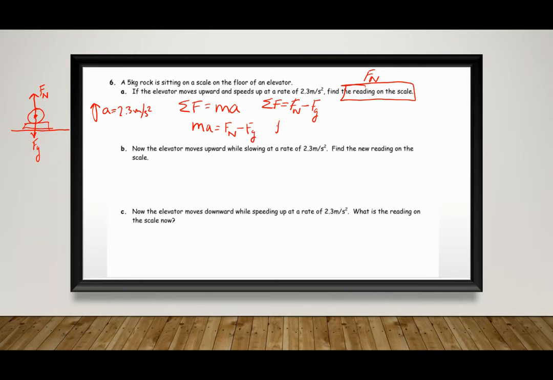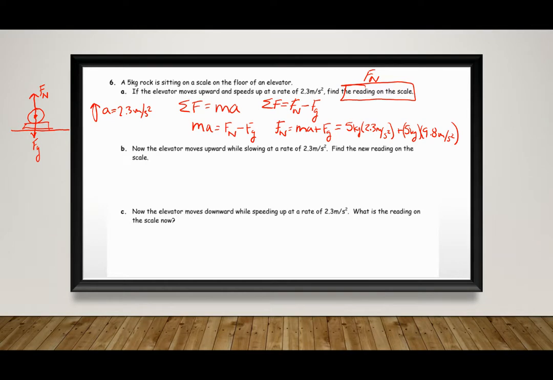So my normal force, which is what I'm solving for, is equal to my mass times acceleration plus my force of gravity. And my force of gravity is mass times gravity. So I end up having our 5 kilogram rock with an acceleration of 2.3 meters per second squared plus our 5 kilogram rock times 9.8 meters per second squared.